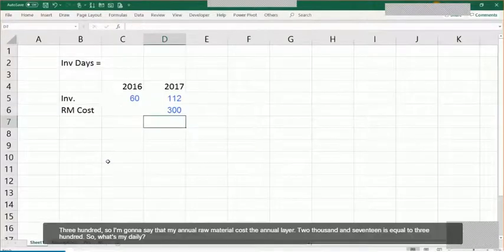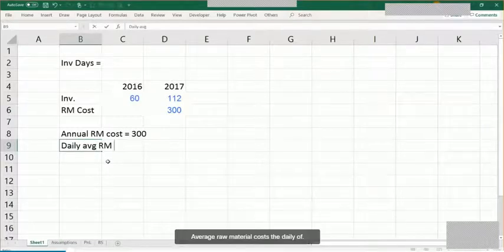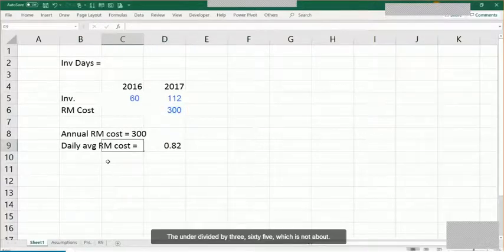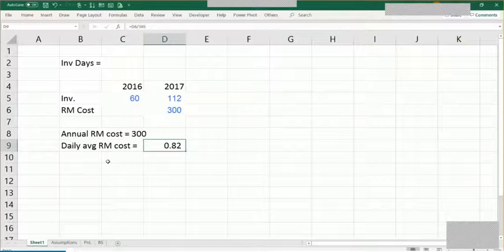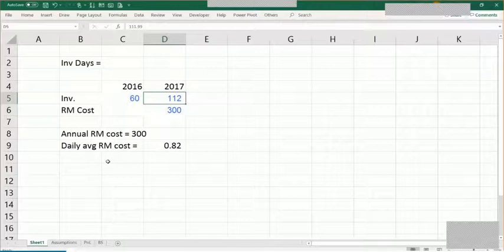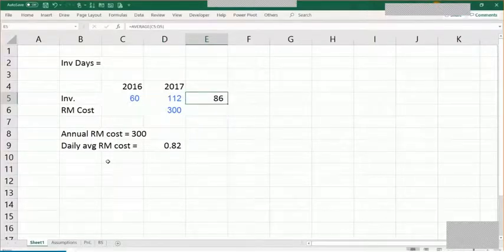So I'm going to say that the annual raw material cost for the year 2017 is equal to 300. So what's my daily average raw material cost? The daily average raw material cost is 300 divided by 365, which is roughly about $0.8 million. Then I want to say that in this year I have maintained an average inventory of 86, right?